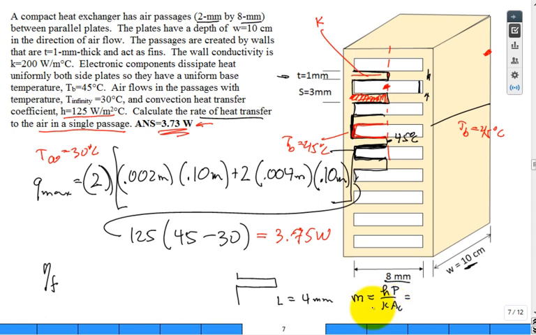Thank you. Okay, so the H, we'll put in the 125. What is my perimeter? 2W plus 2T. What about that 2T? Well, let's neglect it. Isn't that right? Okay. What about the K? 200.